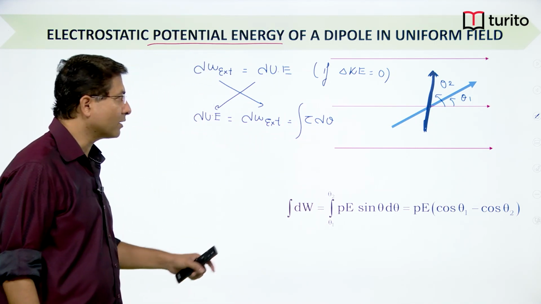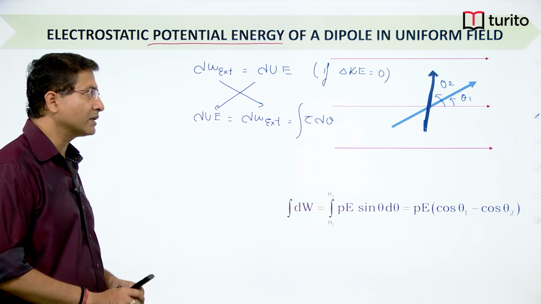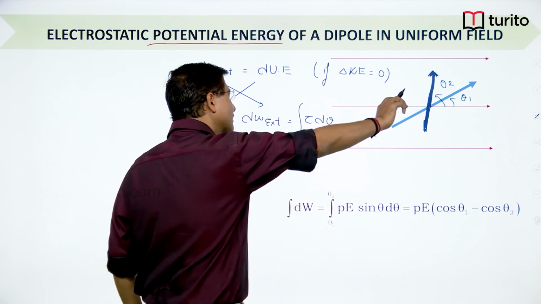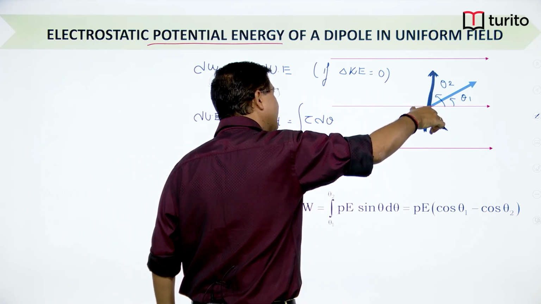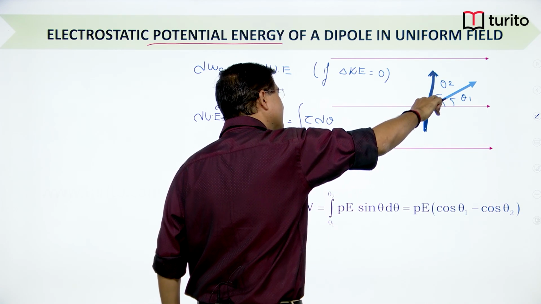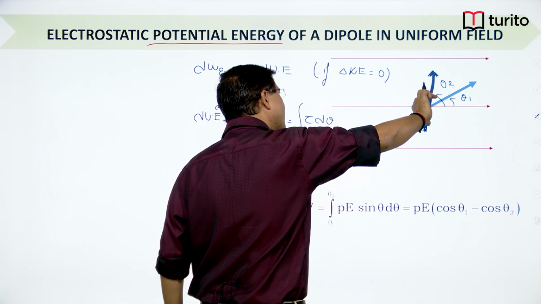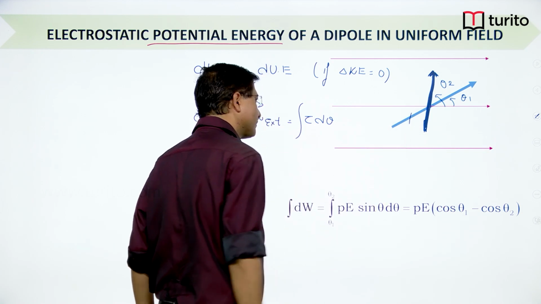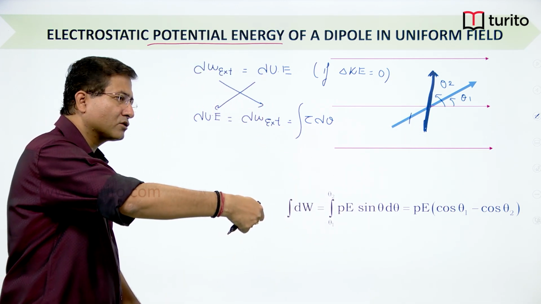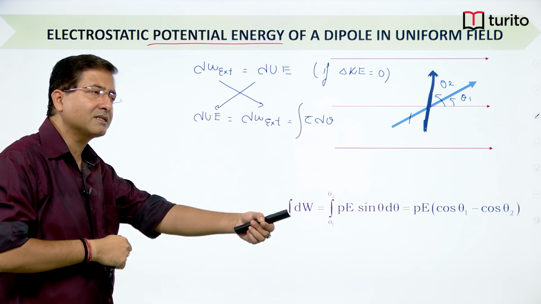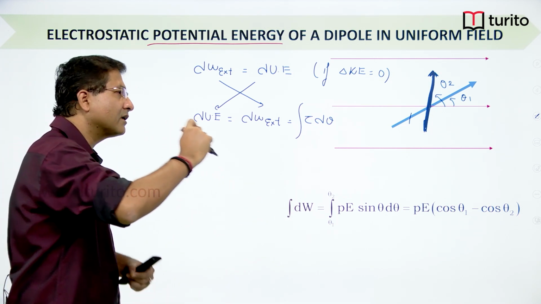So how much torque is needed to slowly rotate it? Field is trying to rotate it in this direction, right, and I am trying to rotate it forcefully opposite or against the field, right. So I am producing torque in anti-clockwise sense and field is producing torque in clockwise sense.